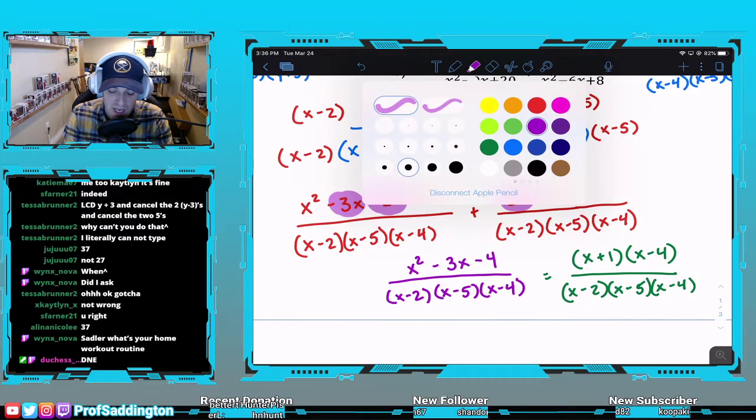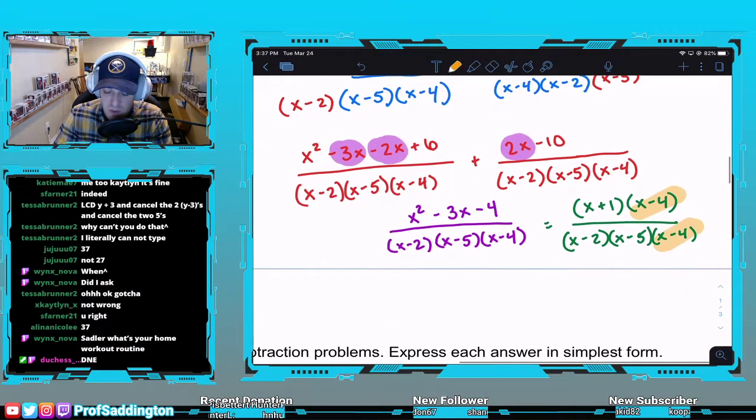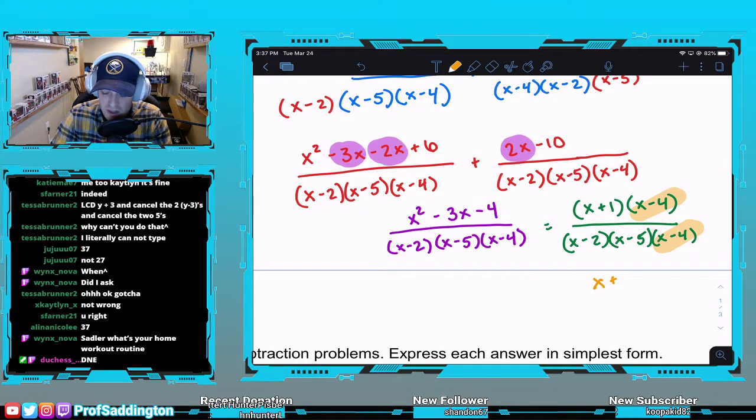Well, in this case, we have an x minus 4 that's the same on top and bottom. So those can cancel out. Since those cancel out, we're just left with that x plus 1 all over x minus 2 times x minus 5.